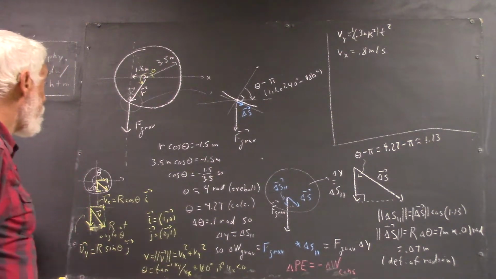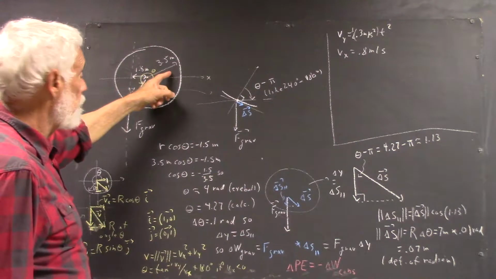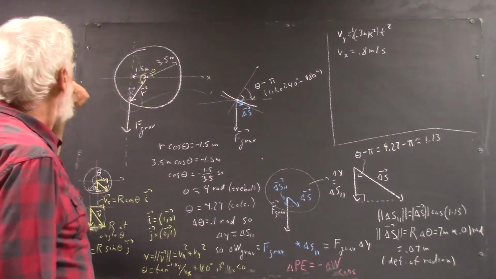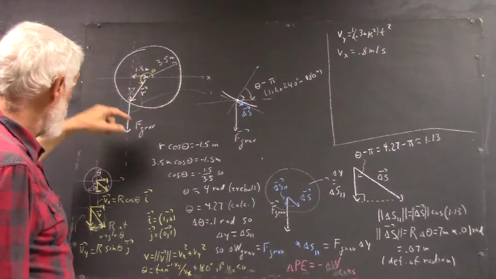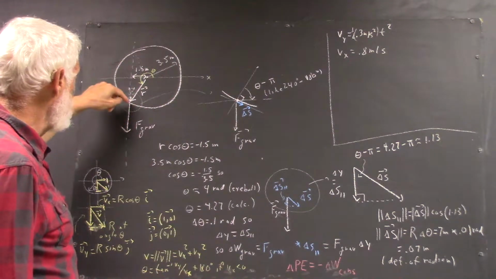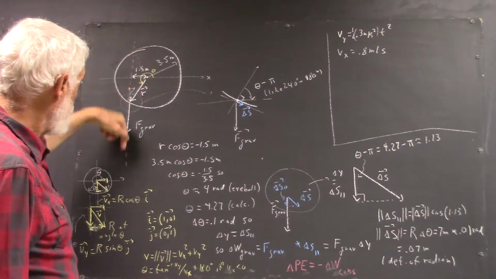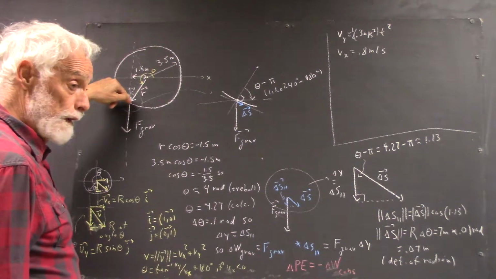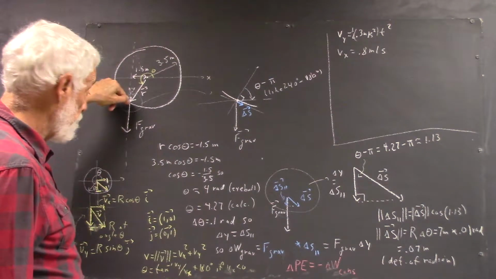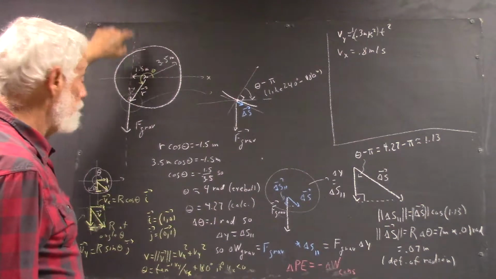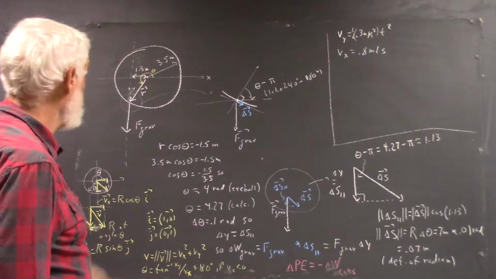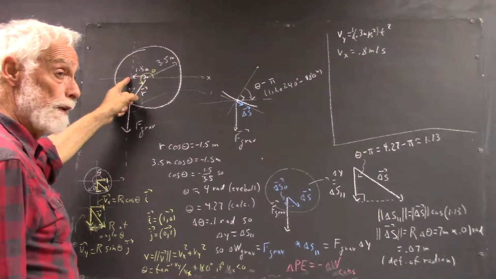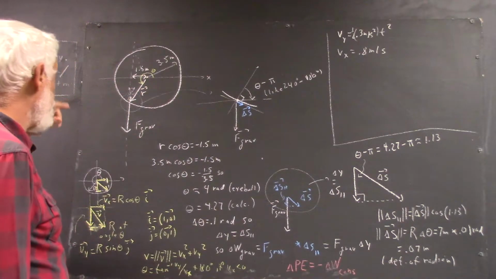So, the person is on a wheel of radius 3.5 meters, and what was said is that the vector indicating the force of gravity located at the point of contact from the person in the wheel, if extended, passes within 1.5 meters of the axis, meaning that this distance here is 1.5 meters.